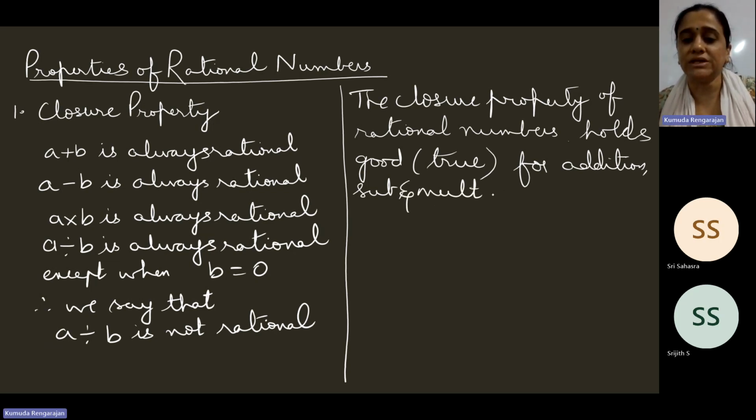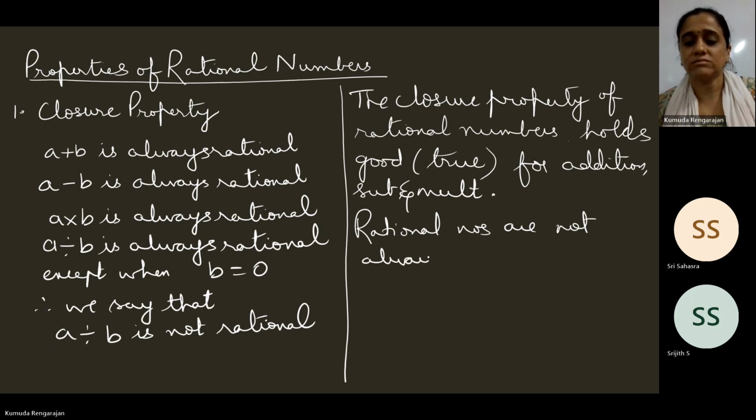Rational numbers are not always closed under division.